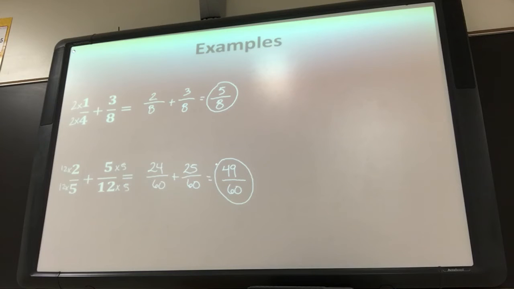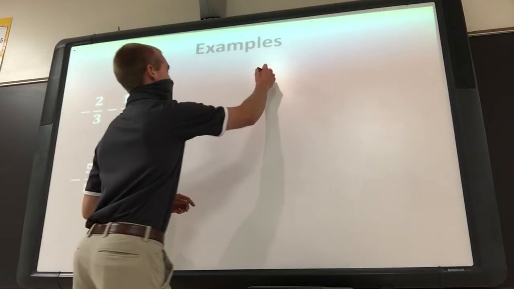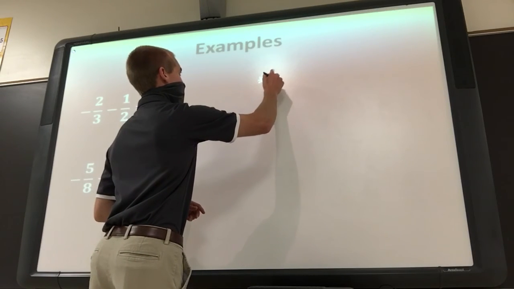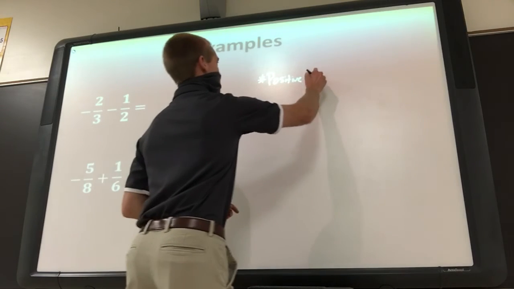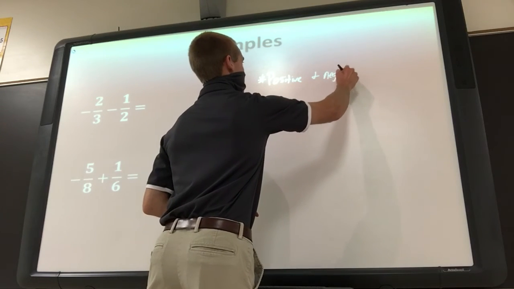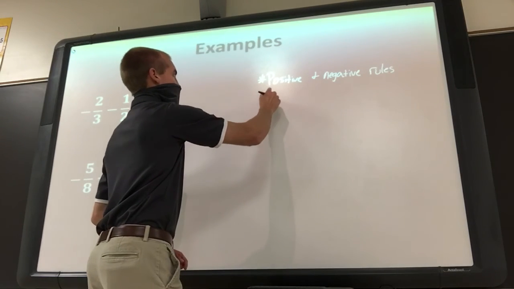Any questions about these first 4? Okay, so the next couple of examples, now we're throwing in negatives and positives. And this is where in 7th grade we start to step it up a little bit from what we did in 6th grade. If we have negatives and positives, one thing I want you to make a note of is that the positive and negative rules are the same for fractions.